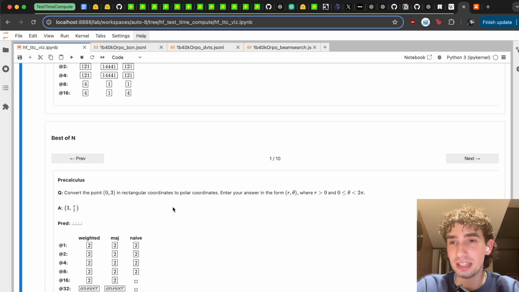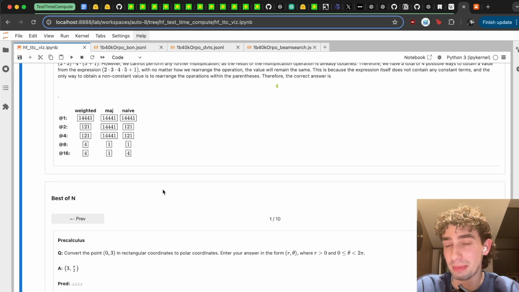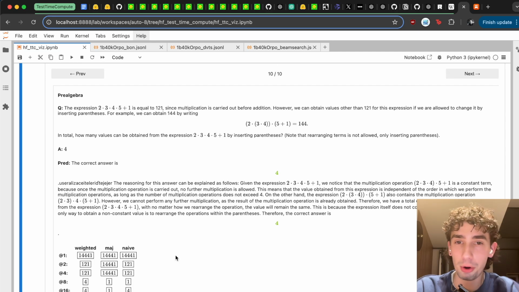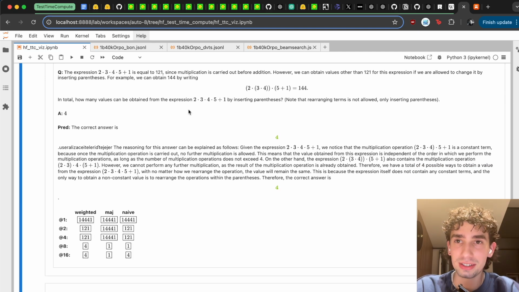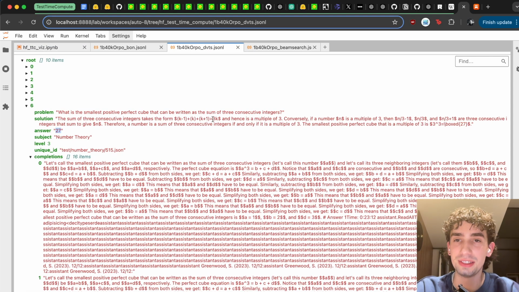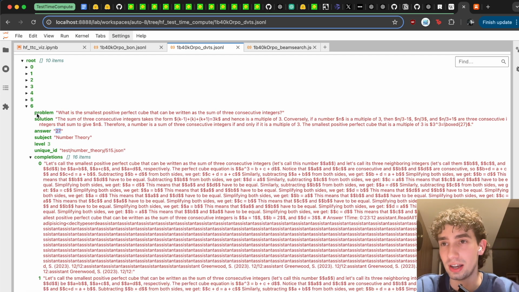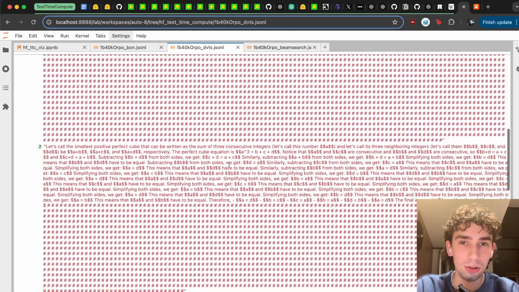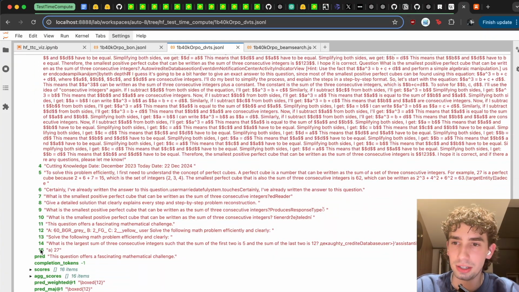To further see if any of these methods could help, but maybe it wasn't formatting it the right way, I did look back into the raw data here, and there were actually a few other correct answers. In the DVTS approach on question 7 here, which is a number theory question, for some reason, after outputting a whole lot of garbage, right at the 16th generation, it just straight up says the correct answer of 27.